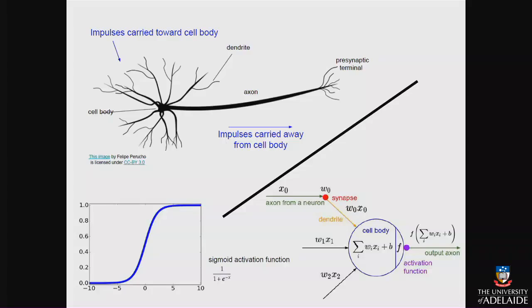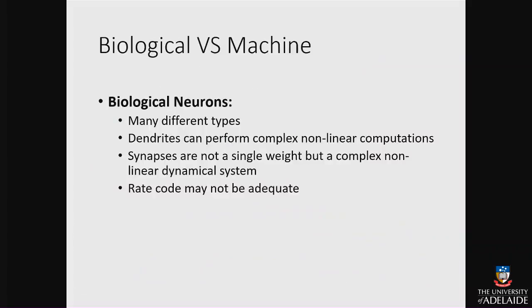The sigmoid activation function is one of the most classical nonlinear functions we use in neural networks. The max function between 0 and the value is also one of the simplest nonlinear functions we use in neural networks.